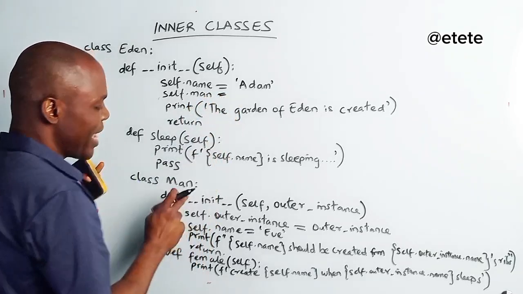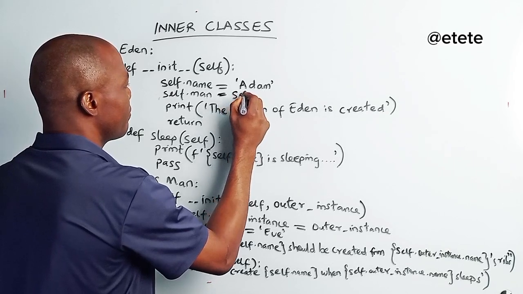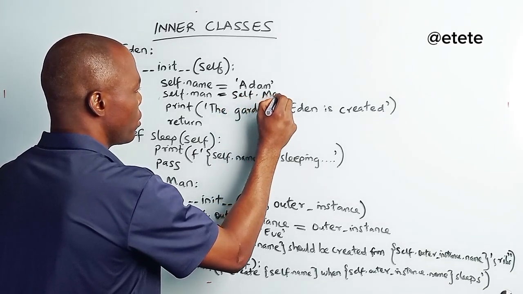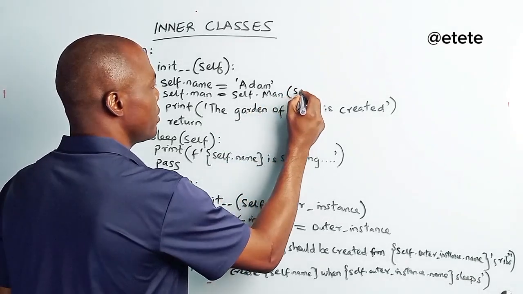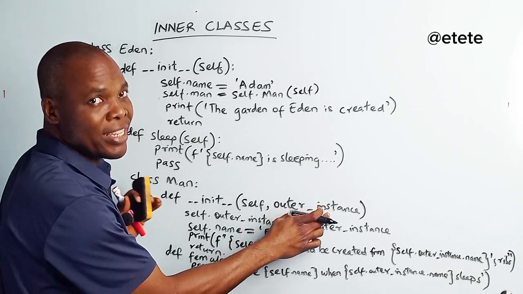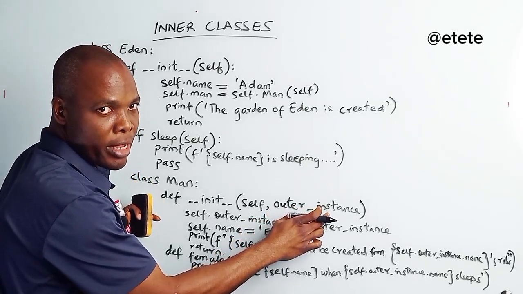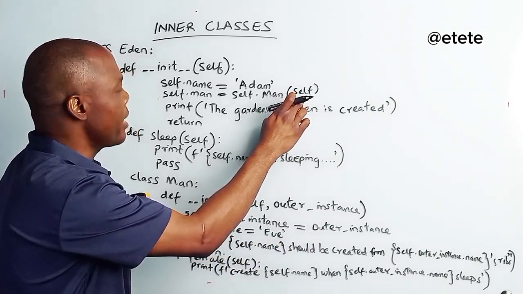So I am going to instantiate this inner class. So I will say self dot, I'll call the constructor, and then I will supply self to it, because this outer_instance is expecting one argument. So that argument is what I'm going to supply here.